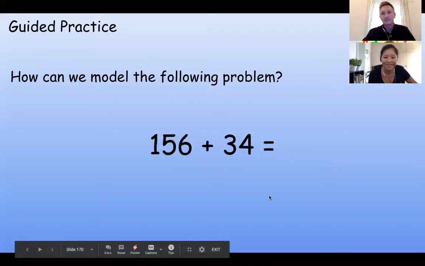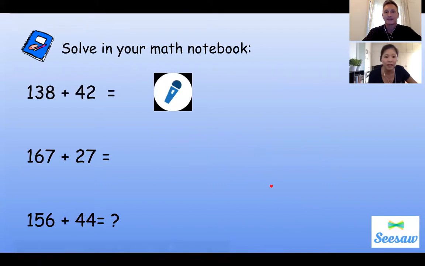Okay, we're going to go back to our lesson. So today you have 3 problems to solve, okay? These 3 problems, you're going to do in your notebook. But the first problem, after you take a photo, you're going to record and explain your thinking like Mr. Regan and I did.